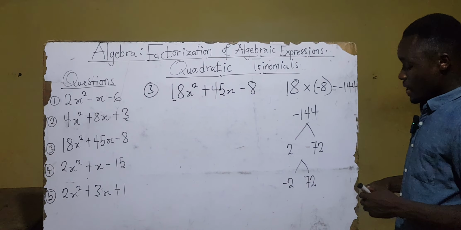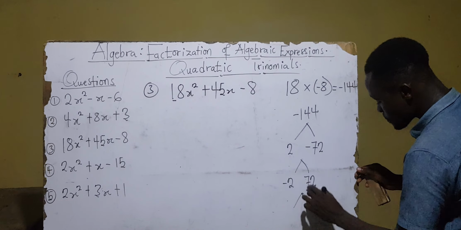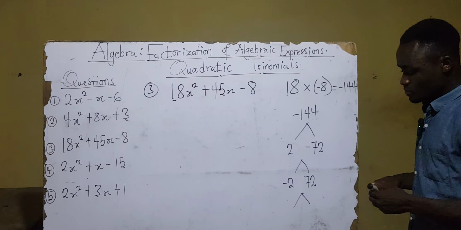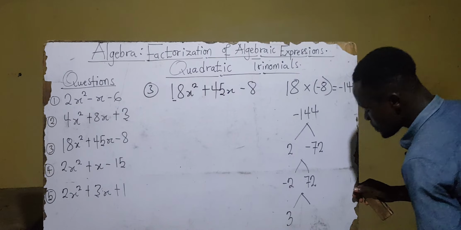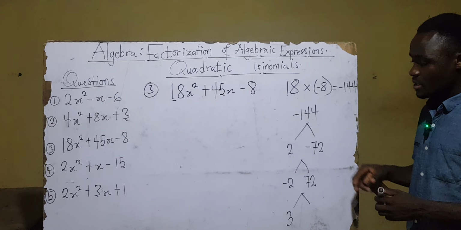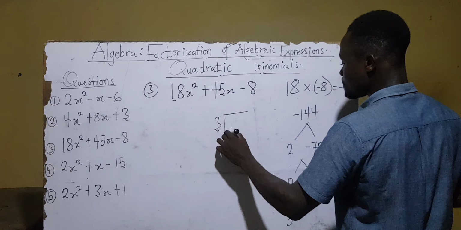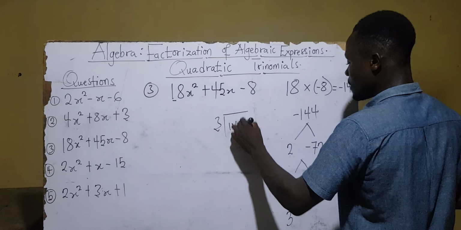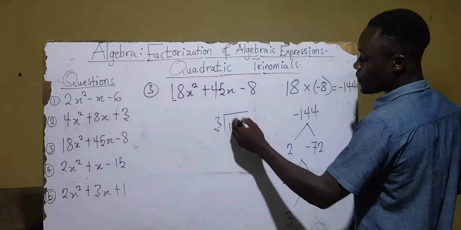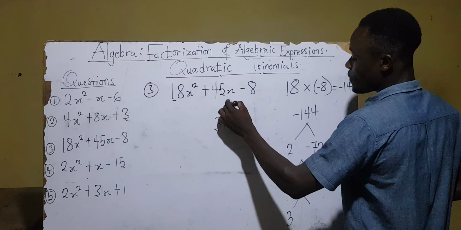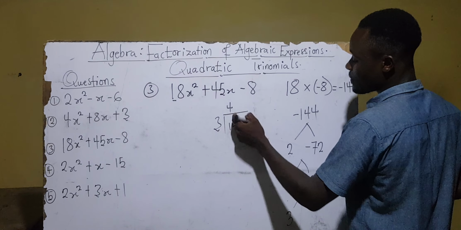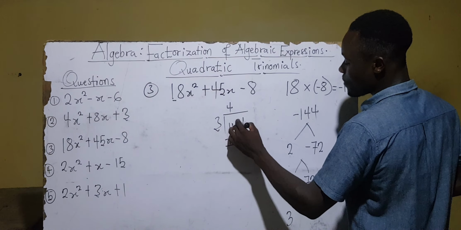Very good. Now I can also have the number 3. 3 times a certain number can give me 144. So let me use the 3 to test it and see. So I have 144 here. Now my 3 goes into 14 how many times? 4 times. So 3 times 4 gives me 12, a remainder of 2.